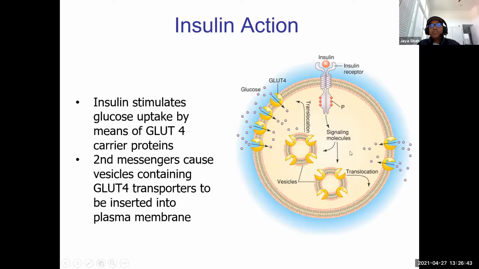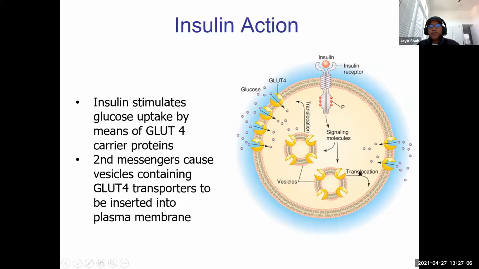So these then activate the signaling molecules. What they do is translocate these glucose channels to the plasma membrane, because these cells, skeletal muscle cells, fat cells, and liver cells, make these proteins inside, and they hold them there as vesicles.